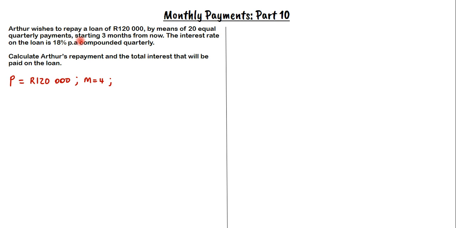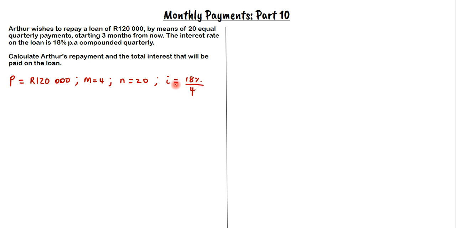We are not told how many years Arthur will take, but we are given the number of payments he will make, so n is 20. The interest rate is 18%, divided by 4.